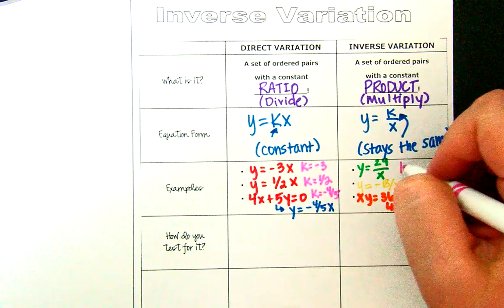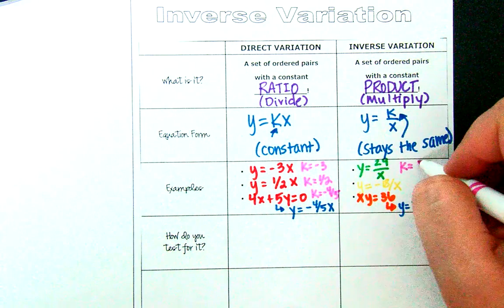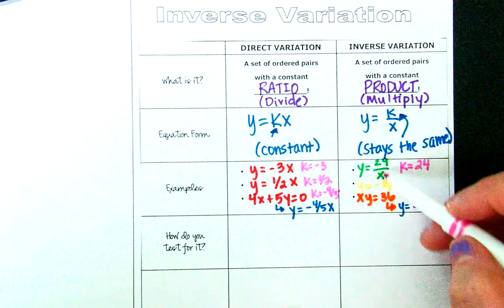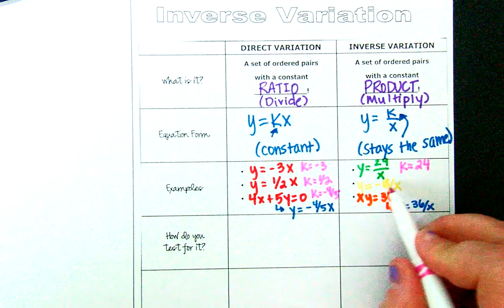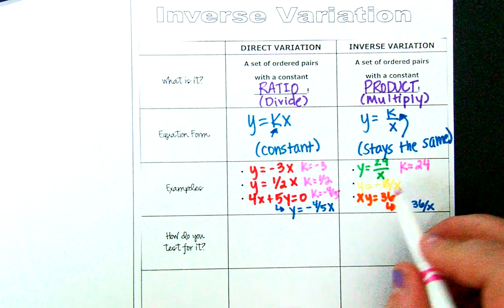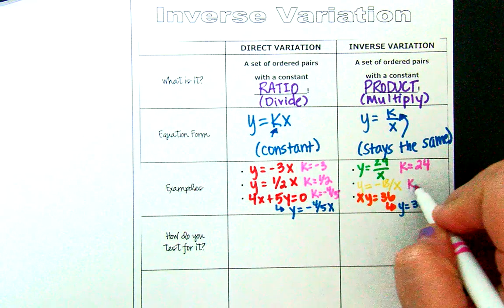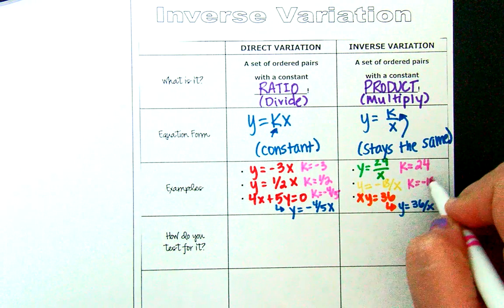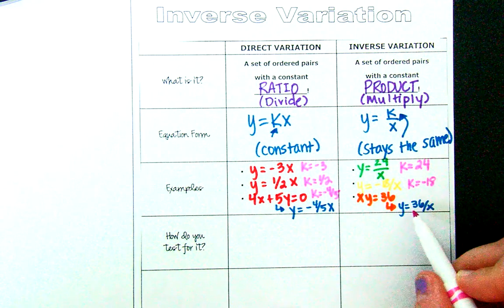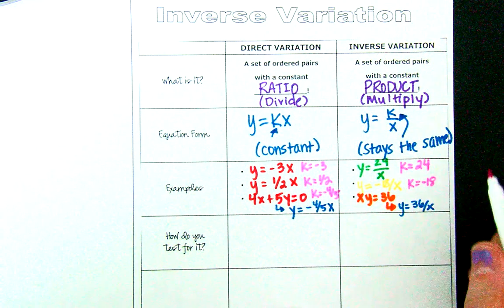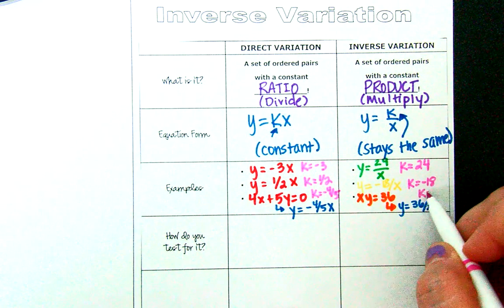So my constant, my k in this one would be 24, because remember, k is on top of x. K is the top number. For this one, what's my k value? Yes, it's negative 18. And for my last example, y equals 36 divided by x, what is my k value?